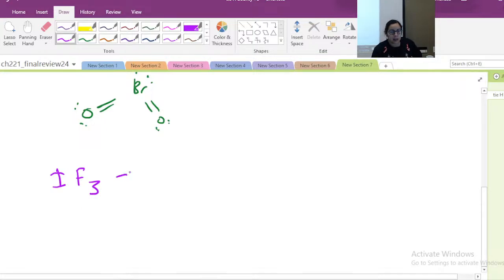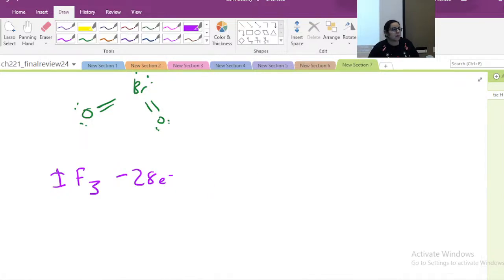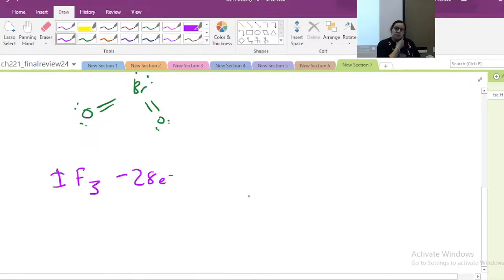So 28, that sounds good. So write 7 times 4, since they're all halogens, 28, so that's an excellent start. And so then tell me about your structure. Iodine has 2 pairs of electrons that aren't paired. So 2 lone pairs, and then did you just end up doing 3 single bonds? Single bonds for the fluorine, yeah.